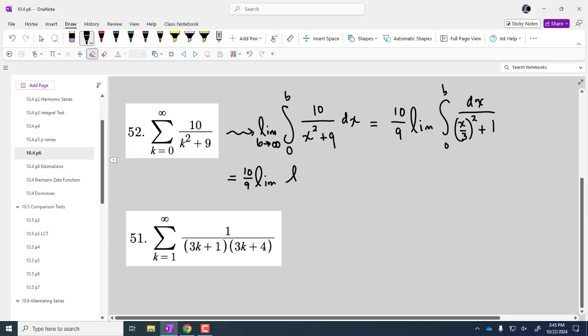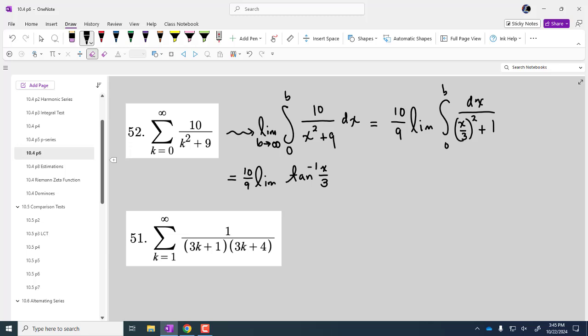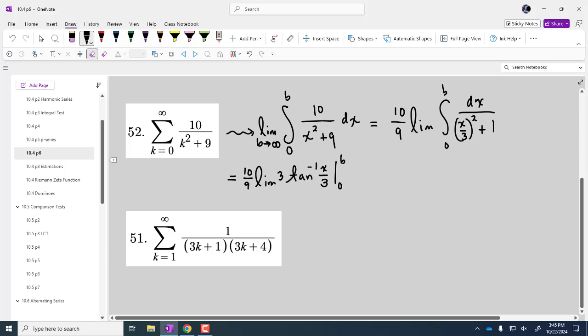That's going to be arctan of x over 3. Reverse chain rule says to do what? What's the derivative of x over 3? 1/3, divide by 1/3, multiply by 3. We have that, from 0 to b. So now we're at 10/3 limit as b goes to infinity.